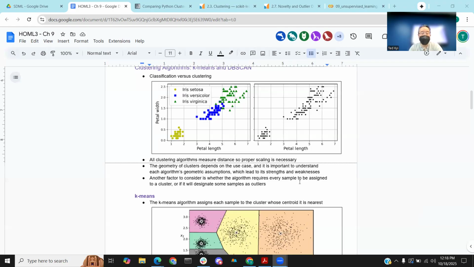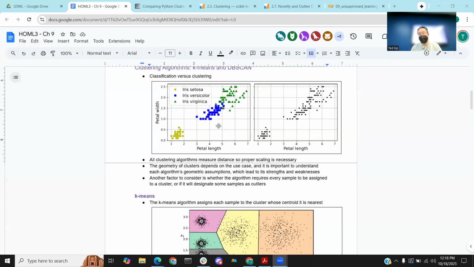All right, a few other notes I have here. One is that the geometry of the clusters that you actually have depends on whatever your use case is. So in this case, with the iris petals, you can see that this blue cluster is not circular, okay? And so one of the things that we'll talk about when we talk about the different algorithms is what sort of measurement, what sort of comparison do they use, and that's going to bias the geometry of the clusters that they find.